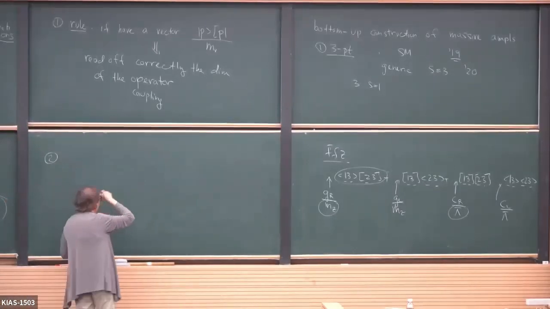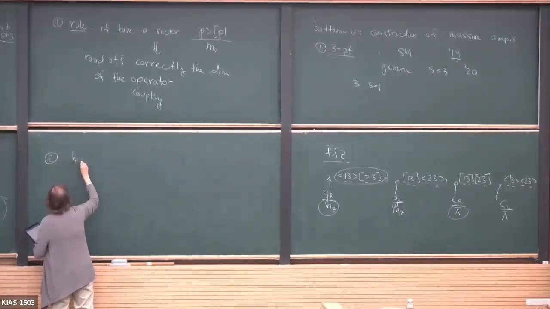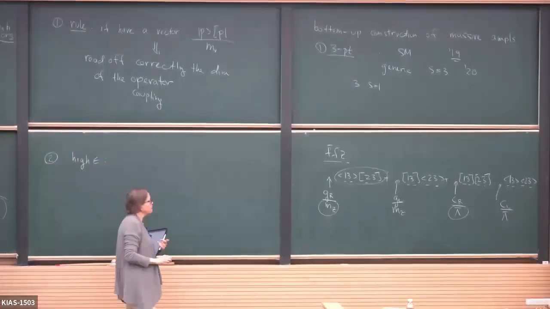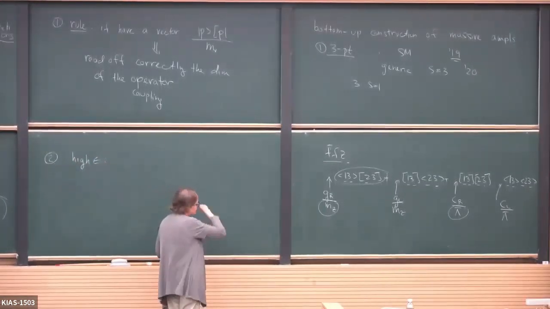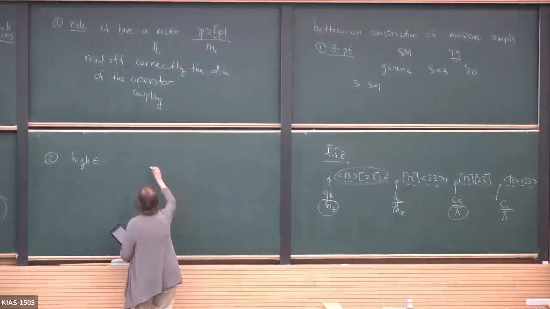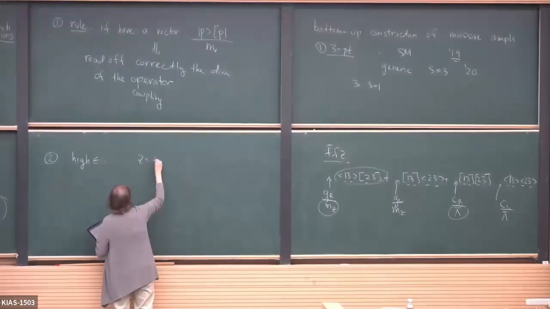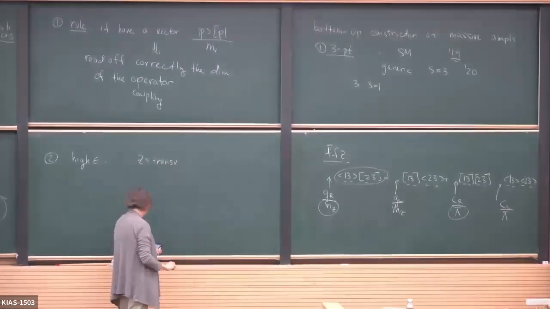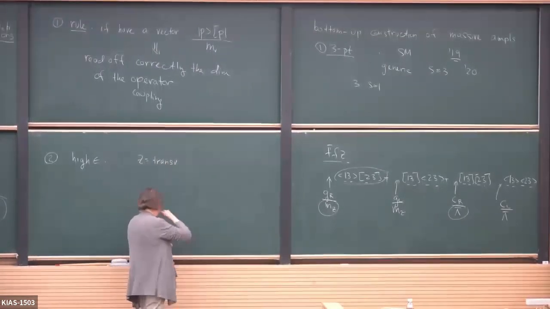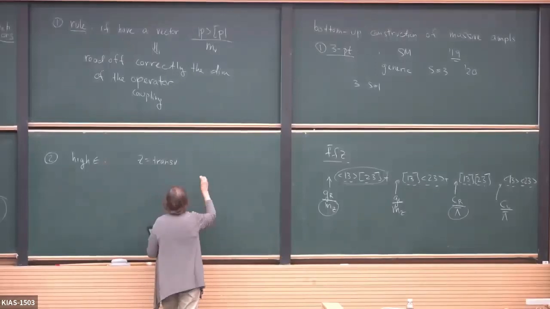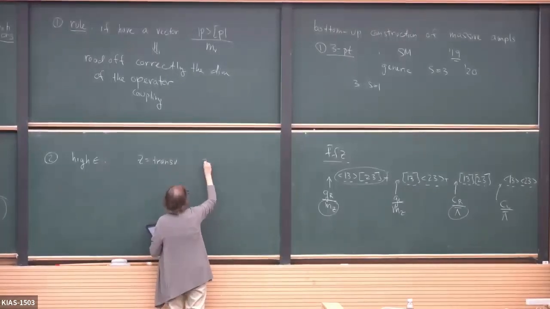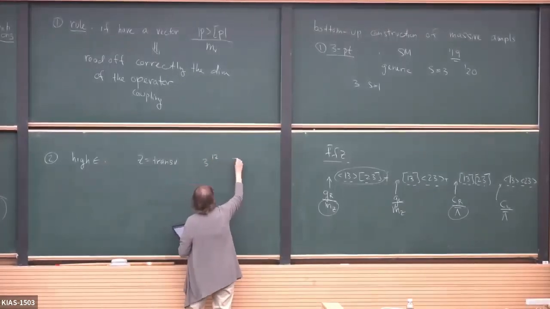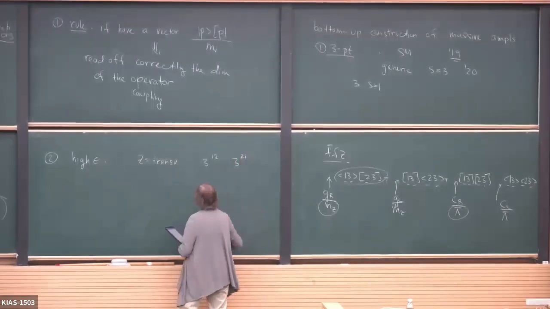So now let me talk about the high energy limit of this thing. And let me take Z to be in the transverse polarization. Okay, so the transverse polarization means that the indices of 3 are either 1, 2 or 2, 1.